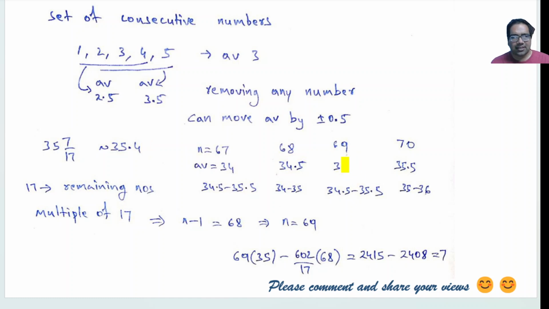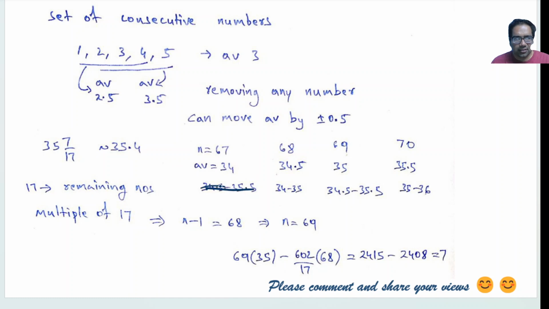If the original average is 35, the average can move between 34.5 and 35.5. If the original average is 35.5, then the average after removal can move between 35 and 36, minus 0.5 to plus 0.5. Similarly, if it is 34.5, it can move between 34 and 35.